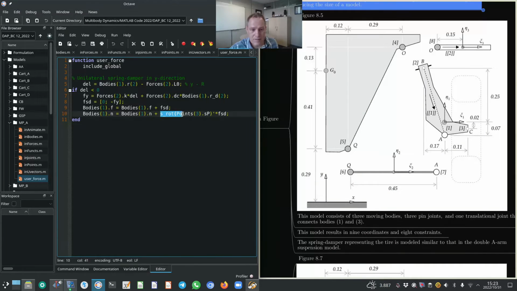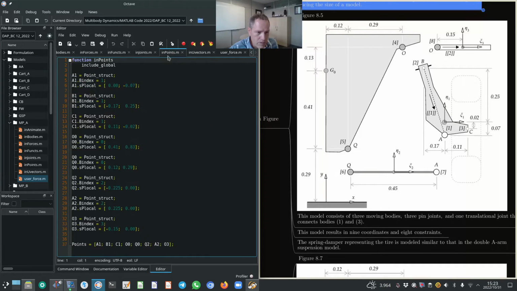Now let's look at the term in the brackets, points 3.sp. So points 3 is the coordinates of this point C. Here you can see in the schematic in square brackets the number 3. I can quickly also show you in points.